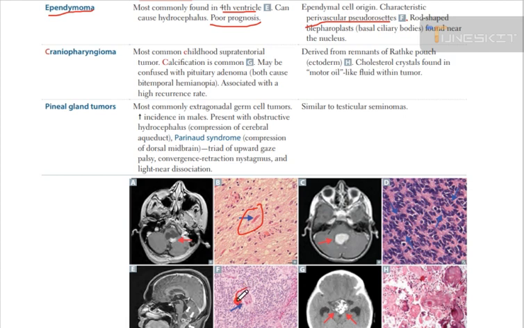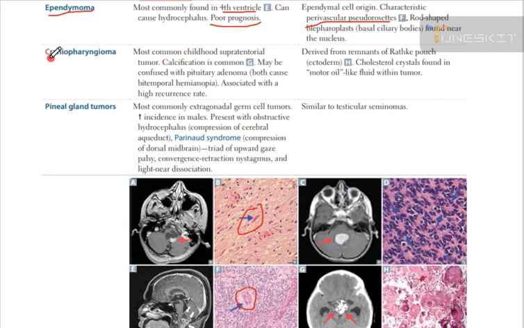Yes, these are basal ciliary bodies, rod-shaped blepharoplasts found near the nucleus. So you can relate this text to this image.